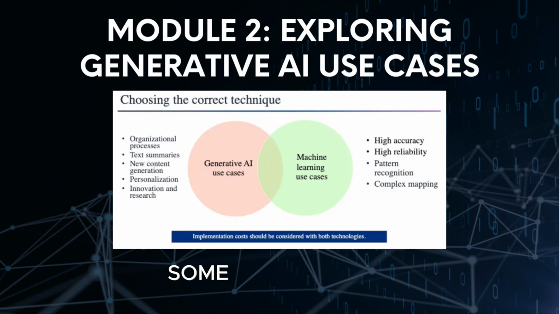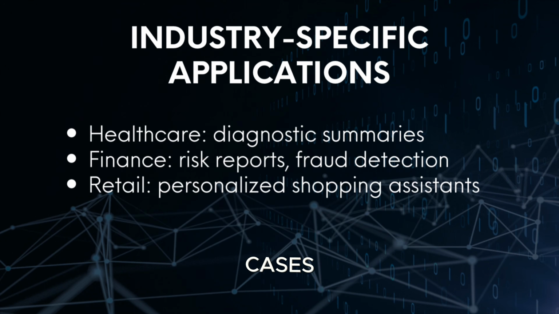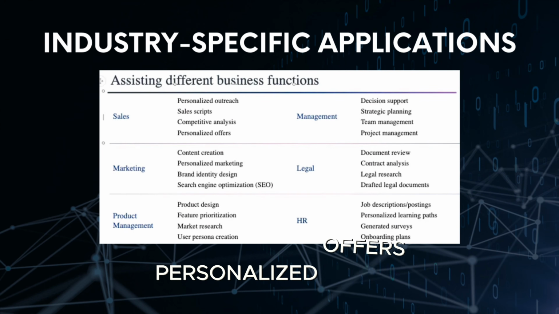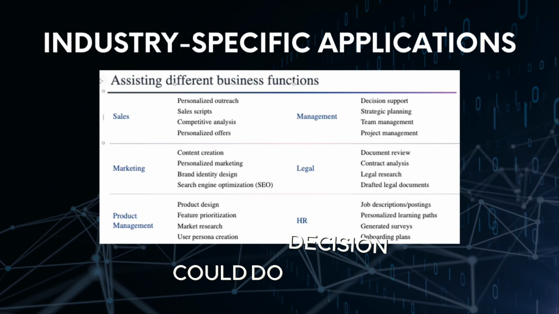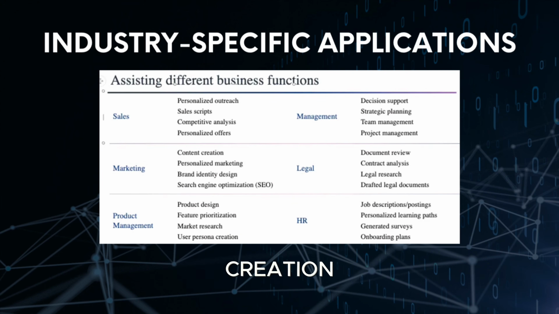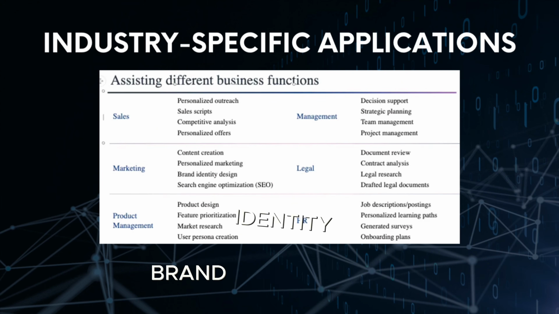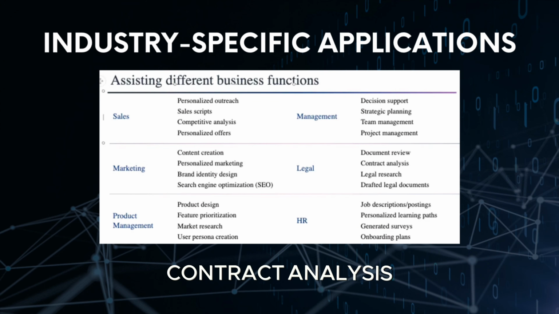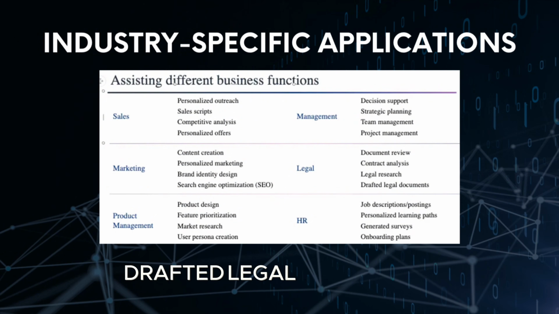Now let's take a look at some generative AI applications and use cases. While in sales, it could do personalized outreach, sales scripts, competitive analysis, and personalized offers. In management, it could do decision support, strategic planning, team management, and project management. In marketing, it could do content creation, personalized marketing, brand identity design, and search engine optimization. In legal, it could do document review, contract analysis, legal research, and drafted legal documents.